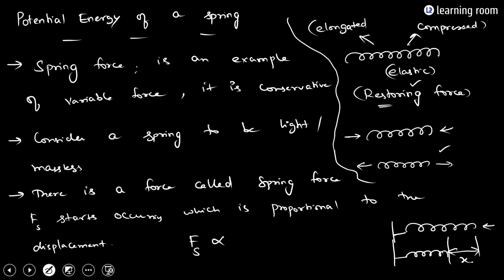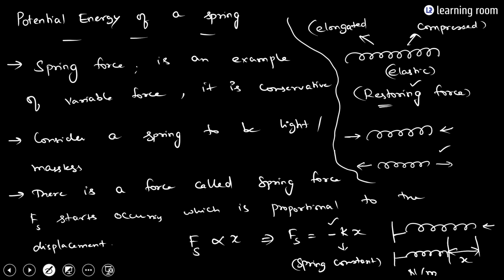on the object. So Fs is directly proportional to X, which implies Fs will be equal to negative of a constant K into X. The reason why we are using the negative sign here is because it is acting opposite to the external force. The constant that you have introduced is called the spring constant, and the unit for spring constant is Newton per meter.